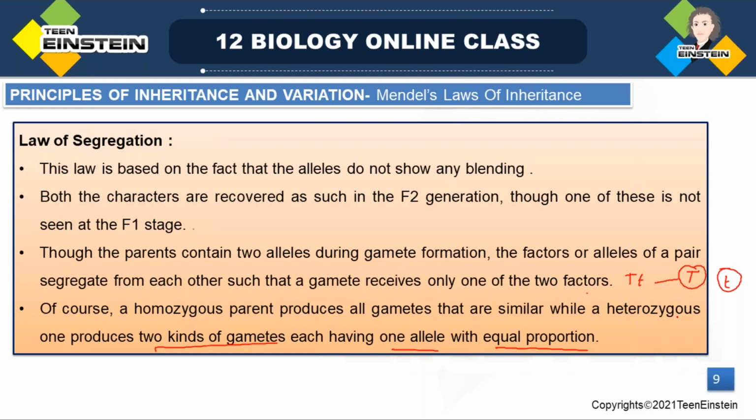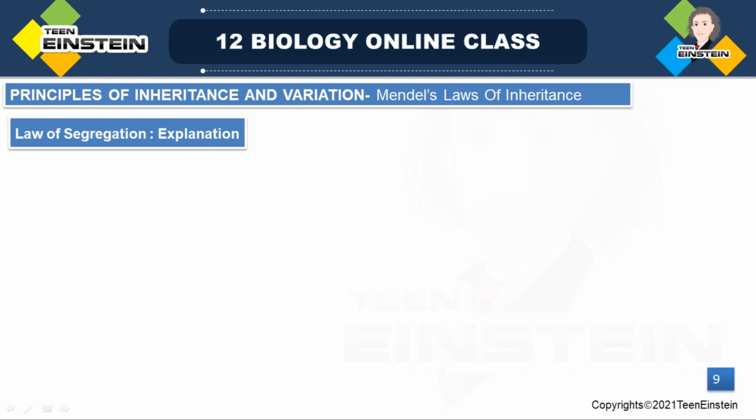That's what the law of segregation says. Got it? In heterozygous condition, one parent produces two kinds of gametes, each with 50% possible combination. That is the law of segregation.